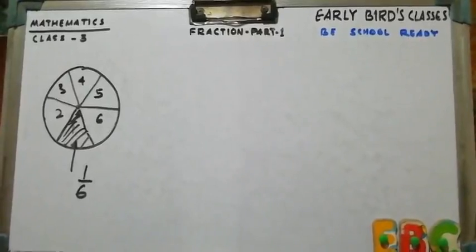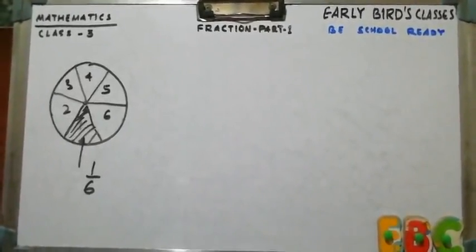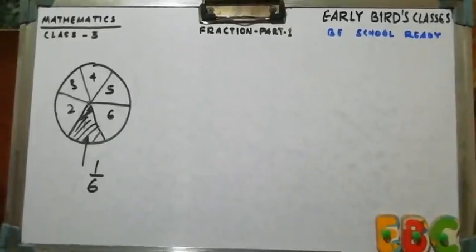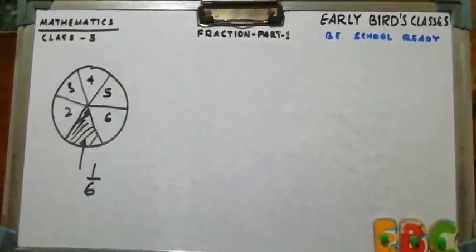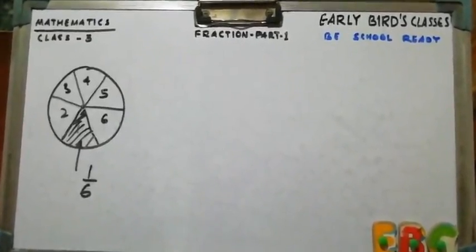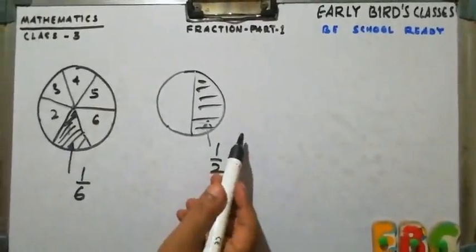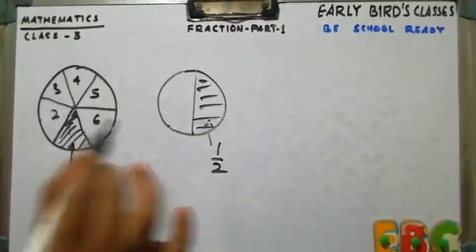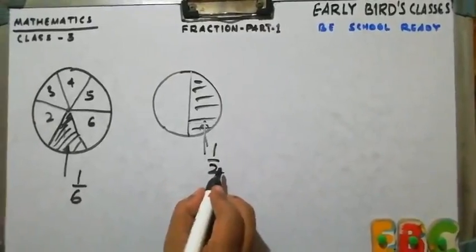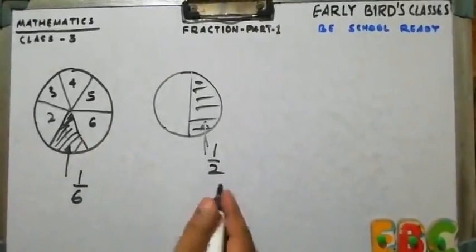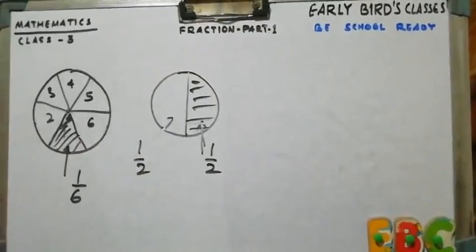So similarly, if an apple is divided into 2 halves, so each half will be 1/2. Apple is divided into 2 parts, so 2 equal parts. So this half will be 1/2 and this half will be 1/2, right?